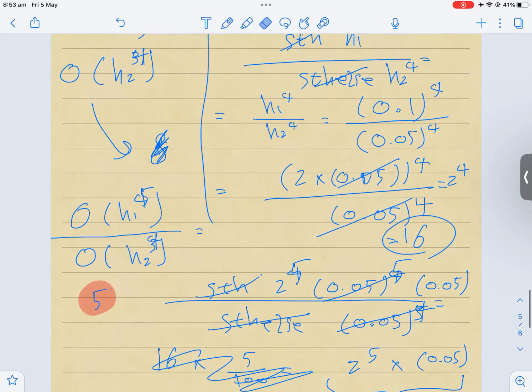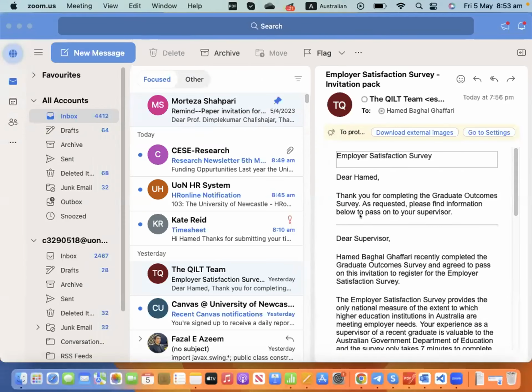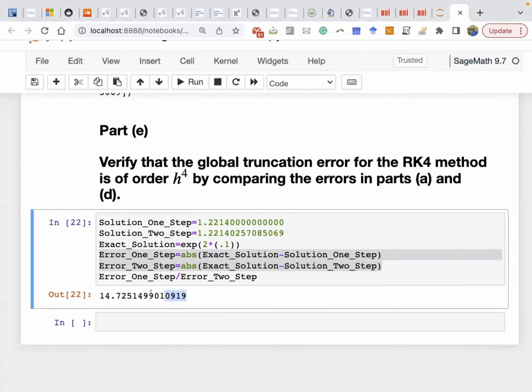But if you consider both of them as global truncation, both of them meaning h power 4, then you should get this 16. You should get 16. So more or less we get that. So here we get almost 15, close to 16.